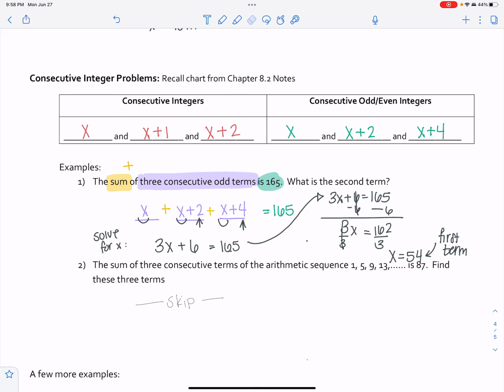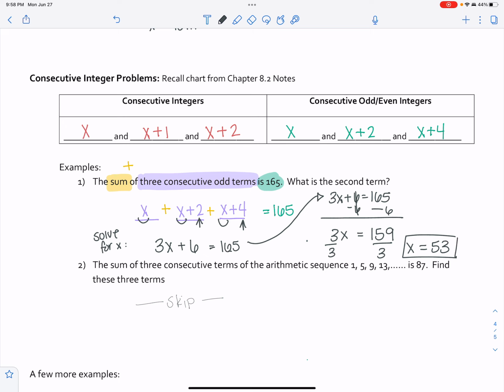So if 54 is the first term, then, oh, my math is off here. Let me correct that. Minus 6 should give me 159 equals 3x, and then divide by 3 gives me 53.